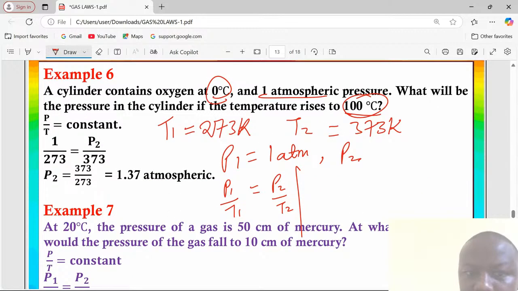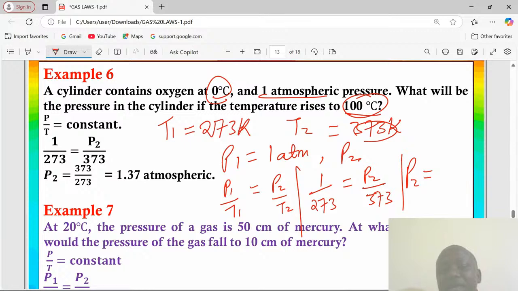P2, because P1 is 1 atmosphere over temperature 1, 273. This is equivalent to P2 unknown over temperature 2, 373. To remain with P2, we have to multiply through by 373. So 373 over 273 is 1.366.